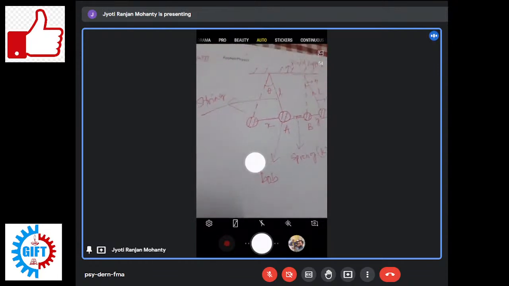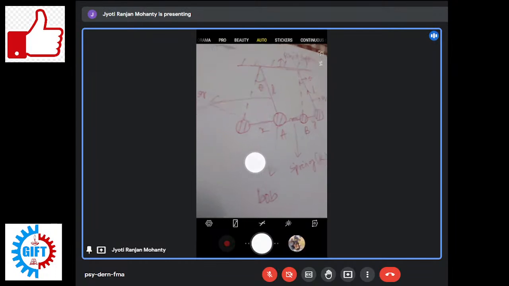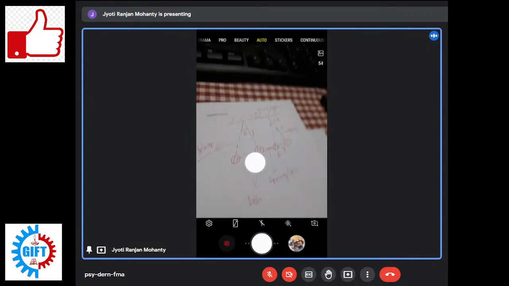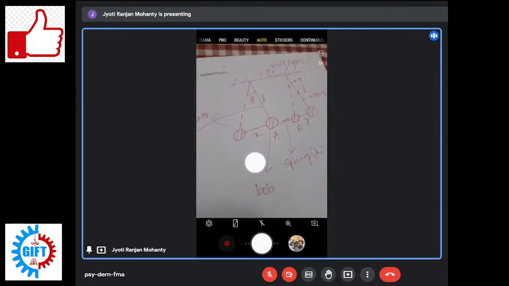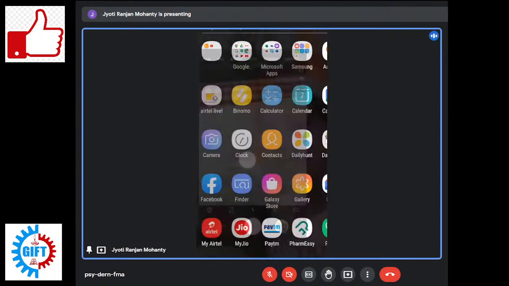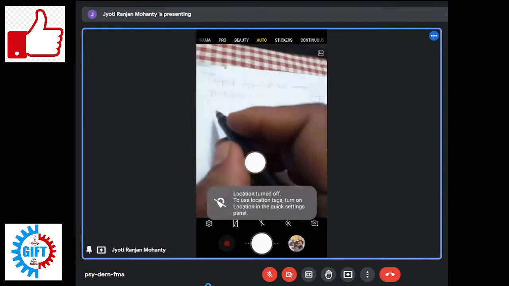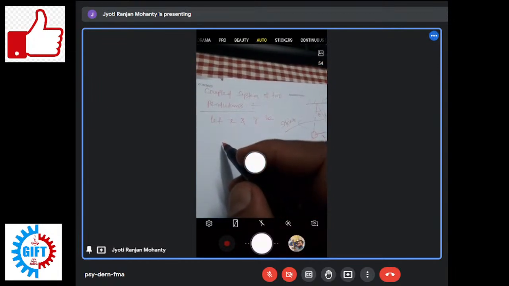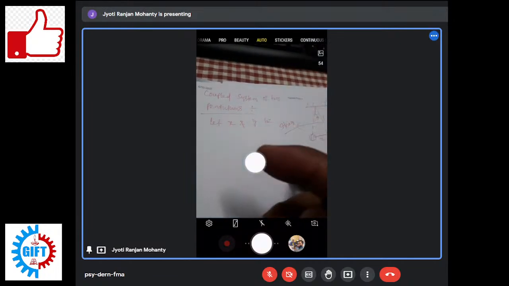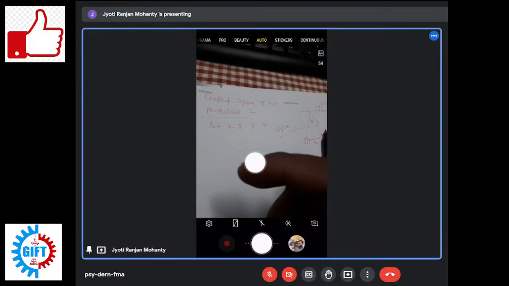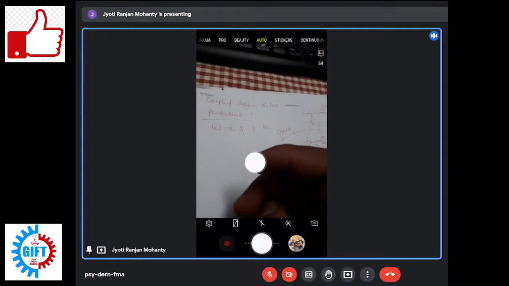Two bobs are attached by a spring of spring constant K. Let X and Y be the displacement of two pendulums A and B respectively.